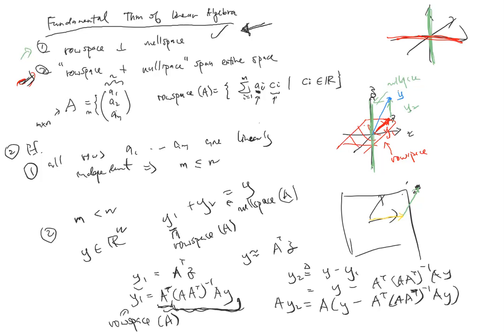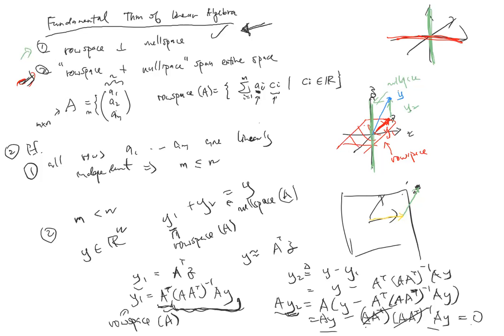The A A transpose and its inverse cancel, so I have Ay left. This is super nice: Ay minus Ay is equal to 0. Therefore A multiplied by y2 is equal to 0, so y2 is in the null space of A.